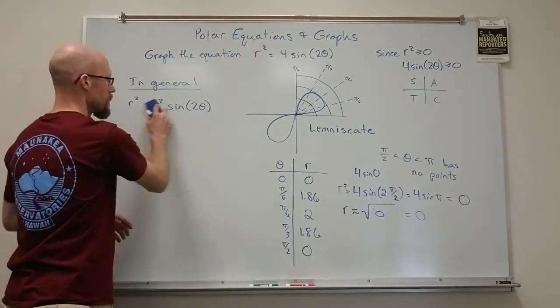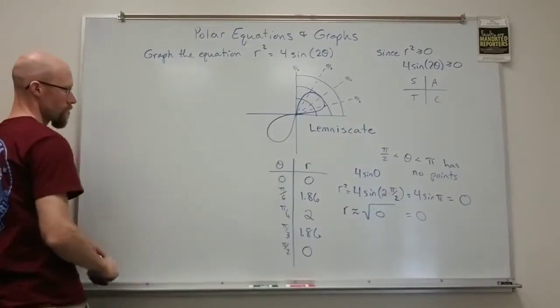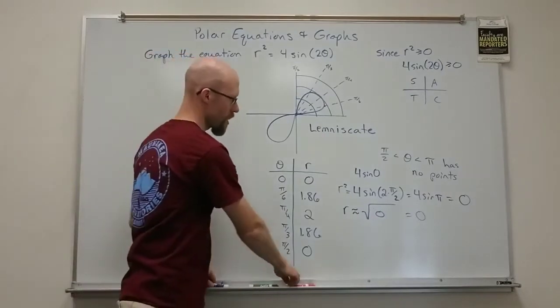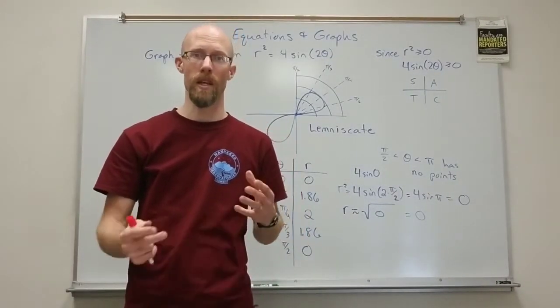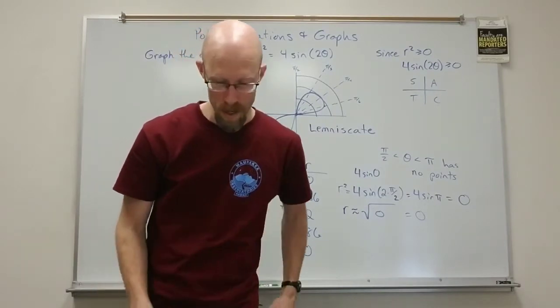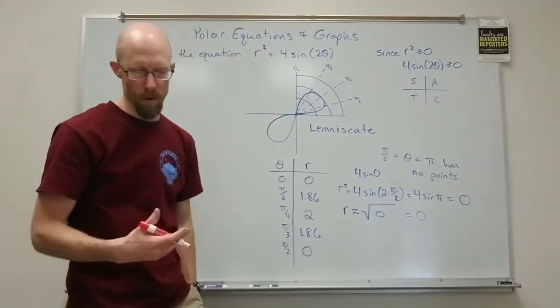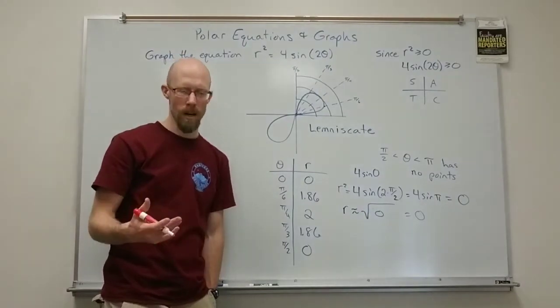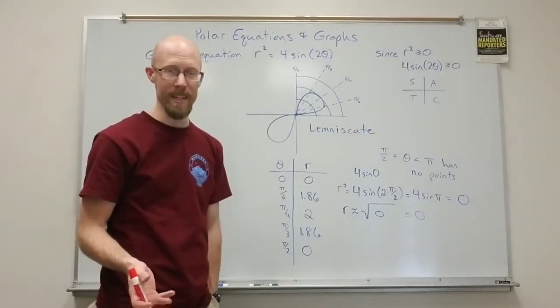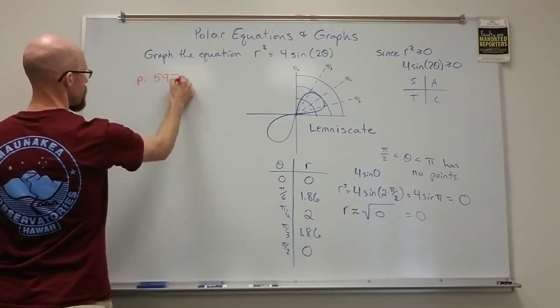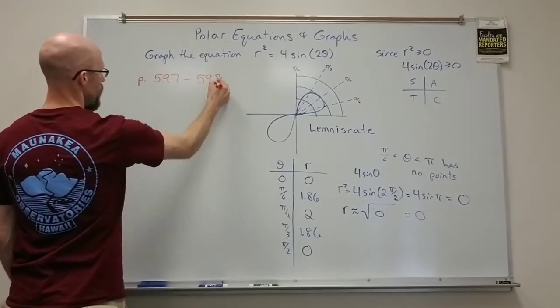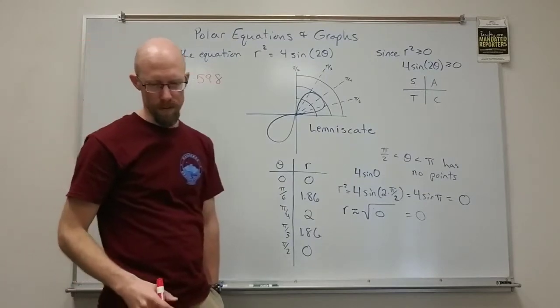I'm not going to go through all the details of all these graphs because there's a lot of them, and that will take a considerable amount of time, but I want you to sort of scan over that table and recognize some of these formulas. You'll have formulas for circles and lines in there. Actually, that starts on page 597. So page 597 to 598, there is a table of formulas.